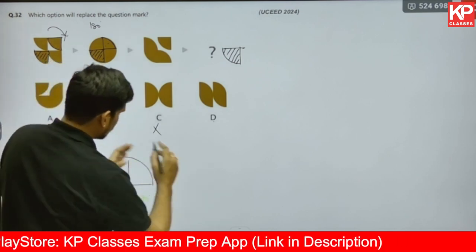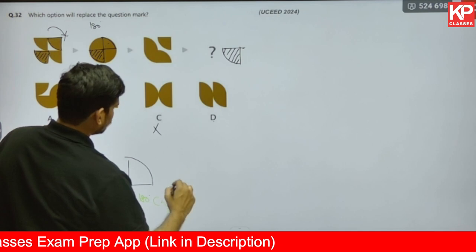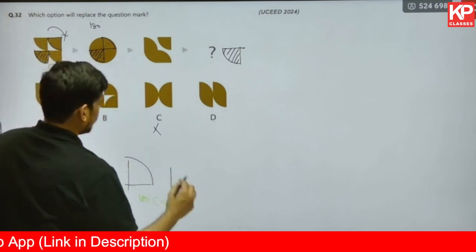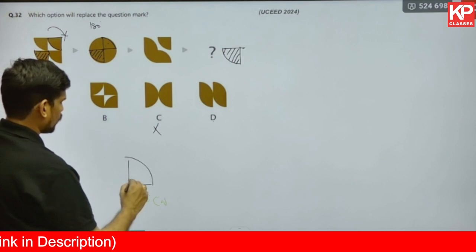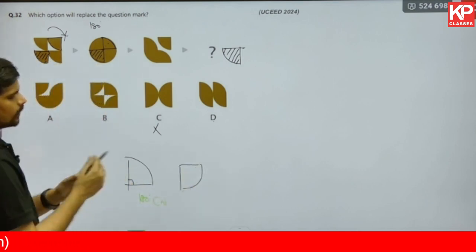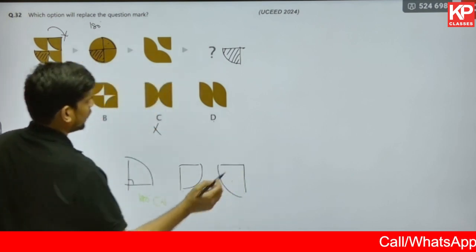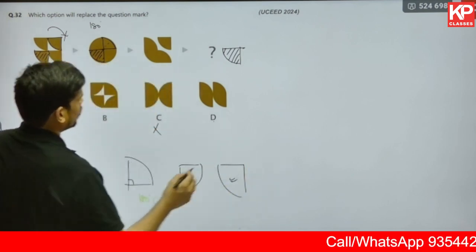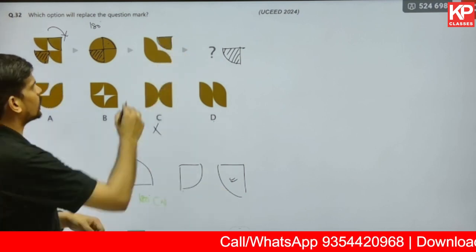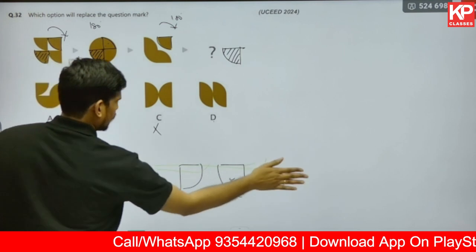Firstly, 90-degree clockwise, what will I get? This is the object which I'll get. Rotated by 90 degrees again, I'll be getting this, right? So this should be the correct orientation. Am I getting that over here? Yes.